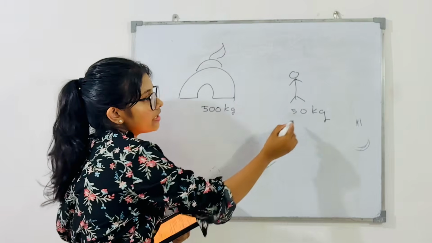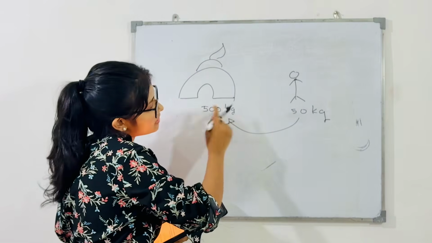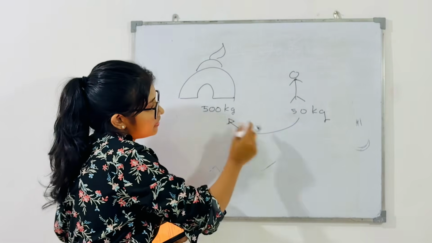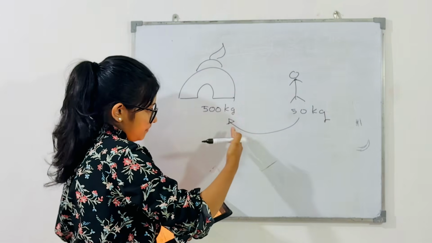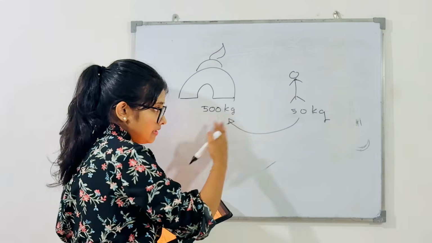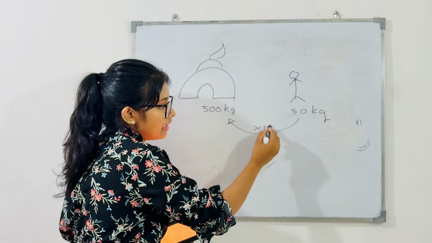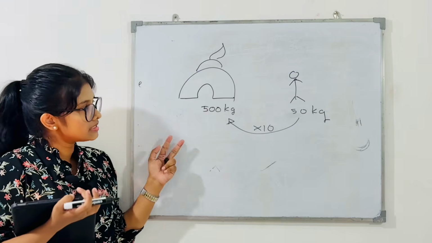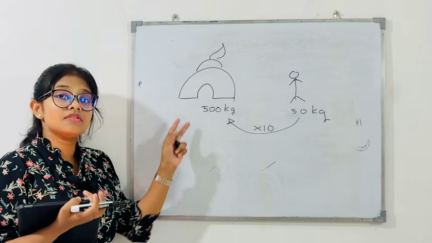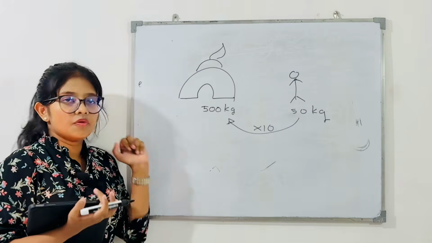So, relative to the human, what is the mass of the elephant? How many times does the elephant weigh more than the human? You can say it is 10 times the mass of the human. So we can say the mass of the elephant relative to the mass of the man, right?